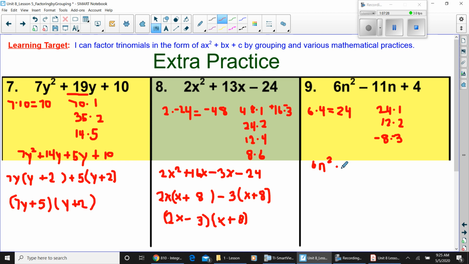6n squared minus 8n minus 3n and plus 4. That's an n. And plus 4.